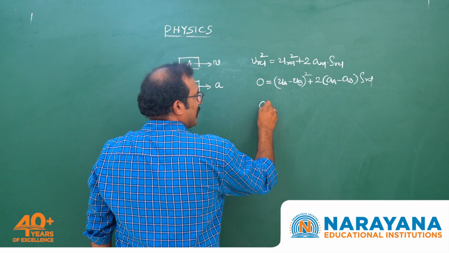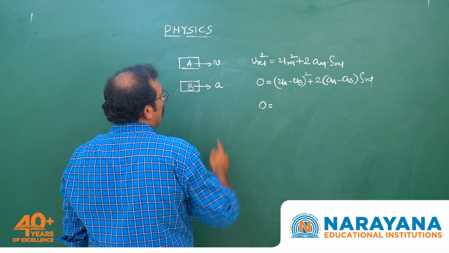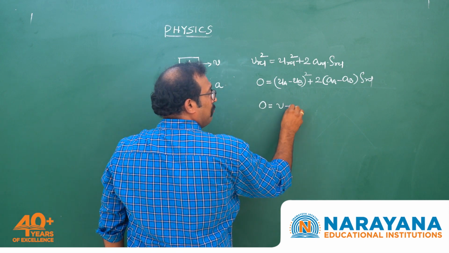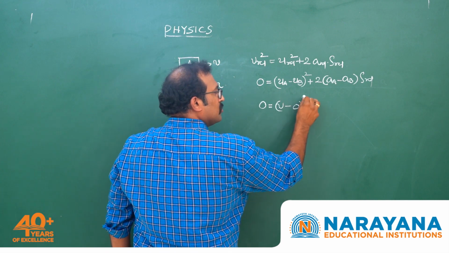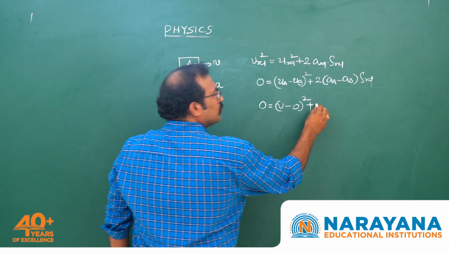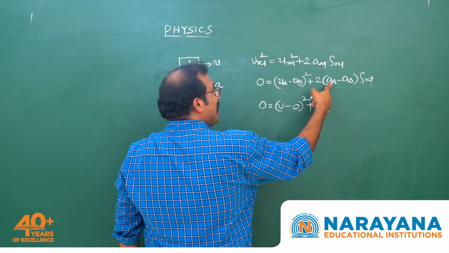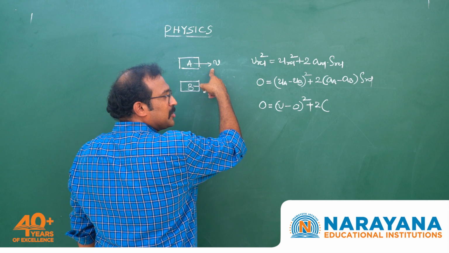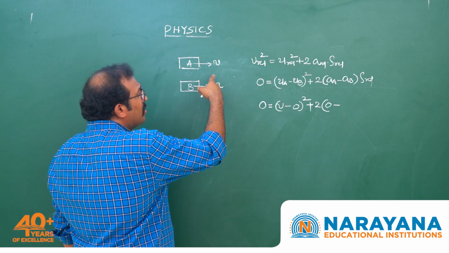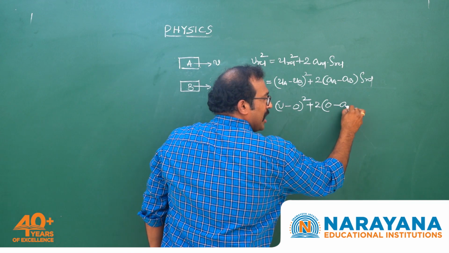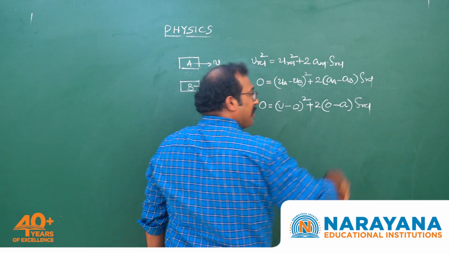So therefore I can write it as UA, it has a velocity V, minus the initial velocity of the second body, which is 0 because it starts from rest, square, plus 2, acceleration of A is 0 because it is moving with constant speed, so 0 minus acceleration of B is a, so a, into the relative distance traveled.